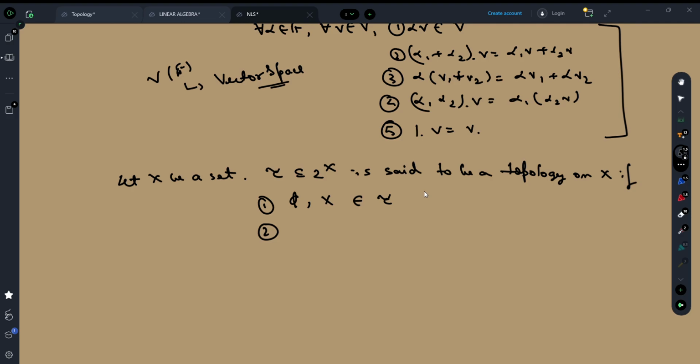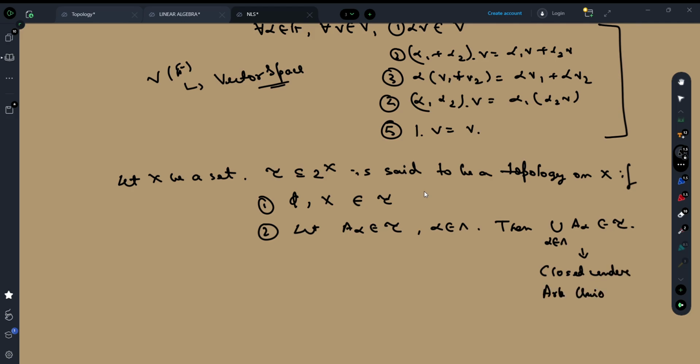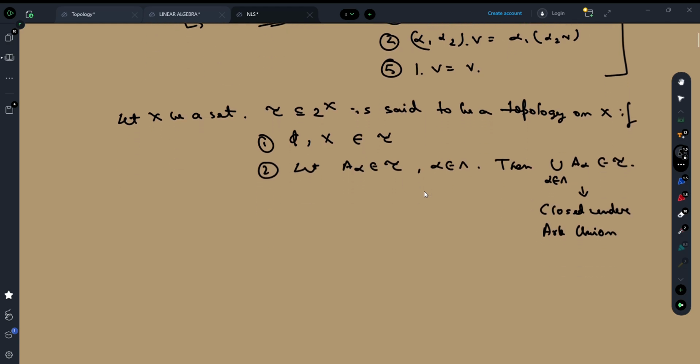Number two, if you choose an arbitrary family of elements from tau, let A alpha be in tau, where alpha is some indexing set, then the union of all these elements is also in tau. This is called closed under arbitrary union. Tau is said to be closed under arbitrary union, and analogously it's closed under finite intersection.